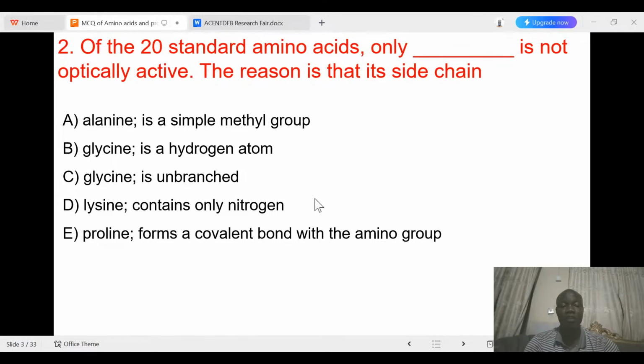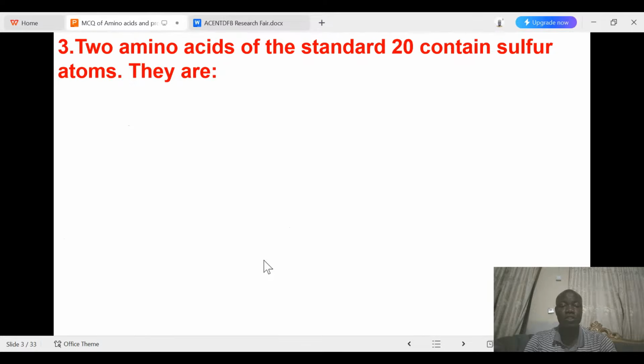It doesn't contain a chiral carbon because the side chain is a hydrogen atom, giving two hydrogen atoms attached to the central carbon. So the answer is option B, glycine with a side chain of a hydrogen atom.